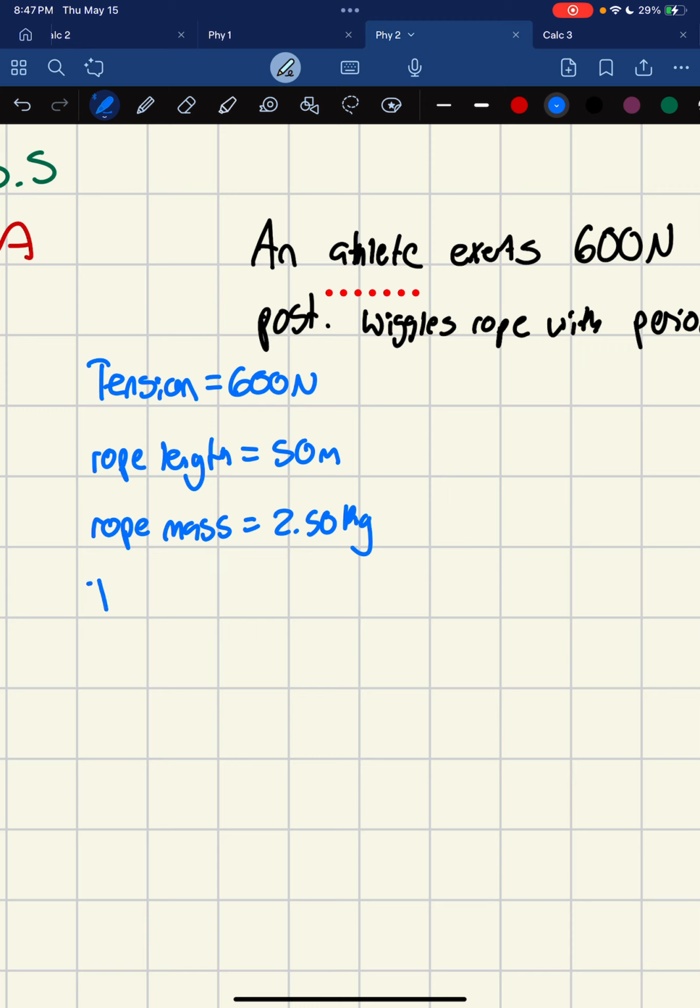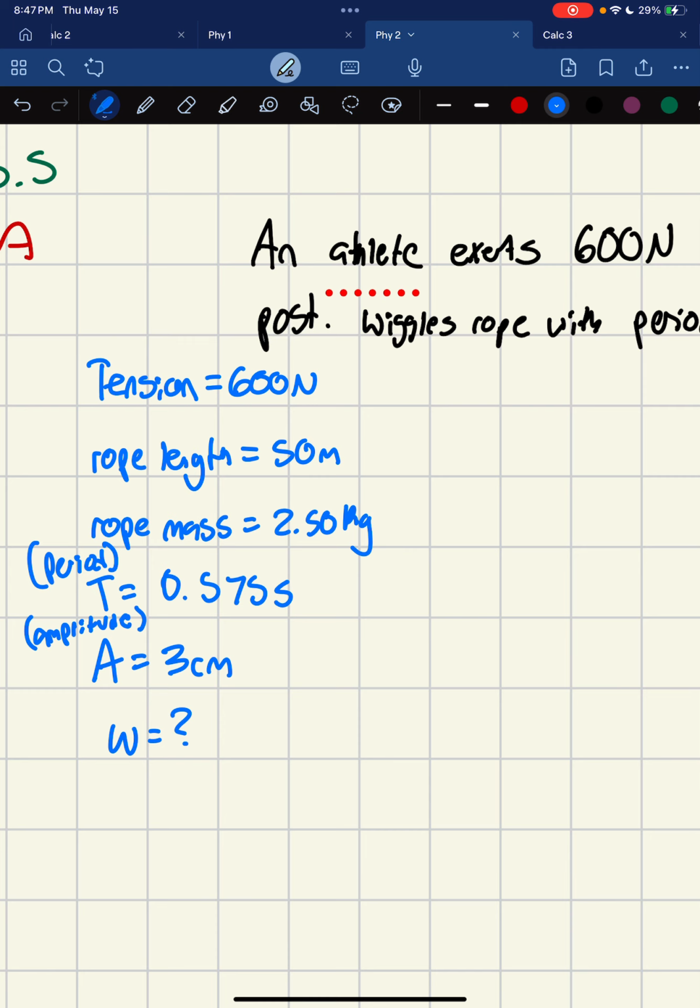I'm given the period of 0.575 seconds, and then amplitude of 3 centimeters. And it's asking me to find the angular frequency.